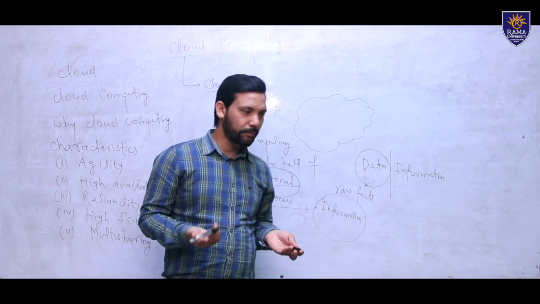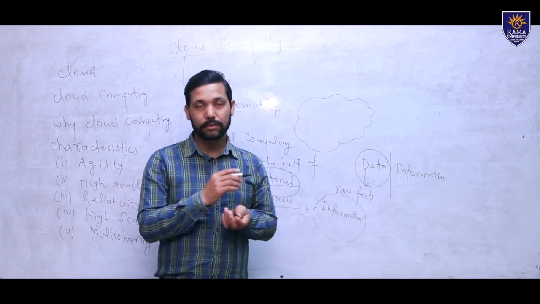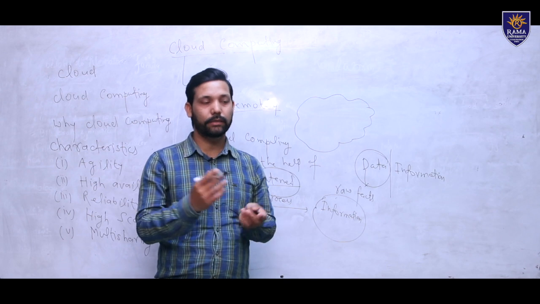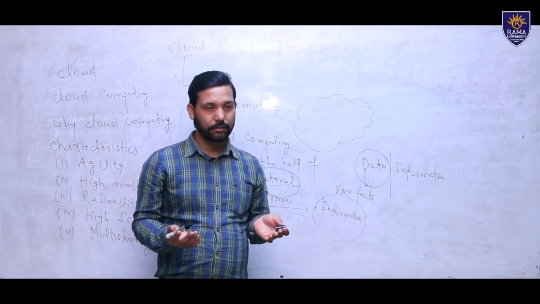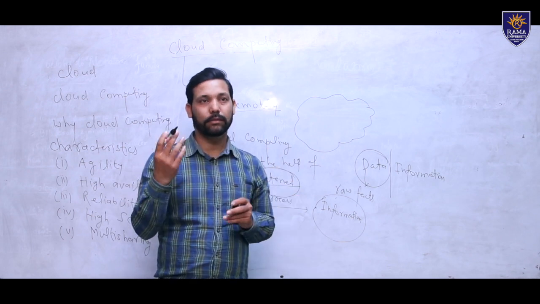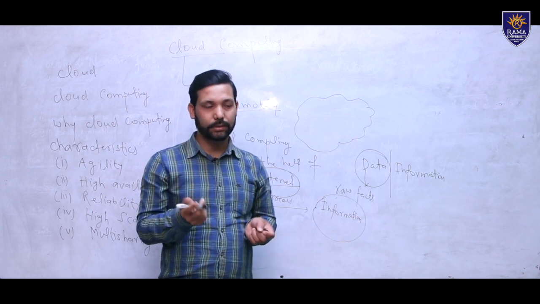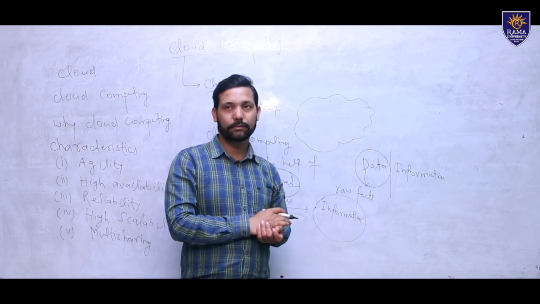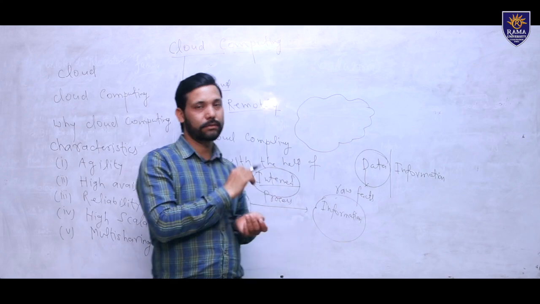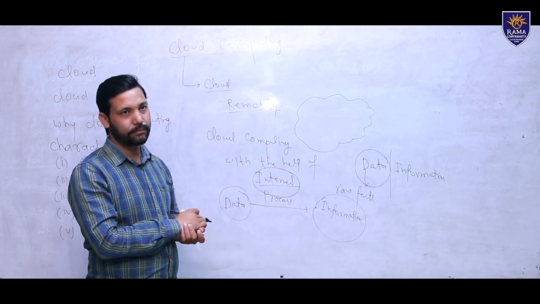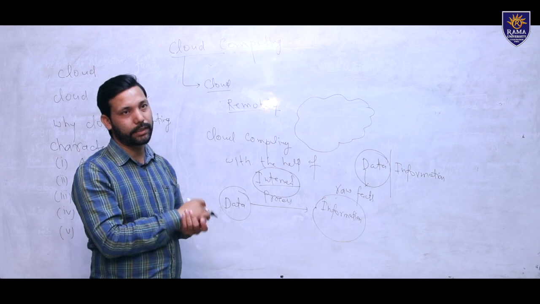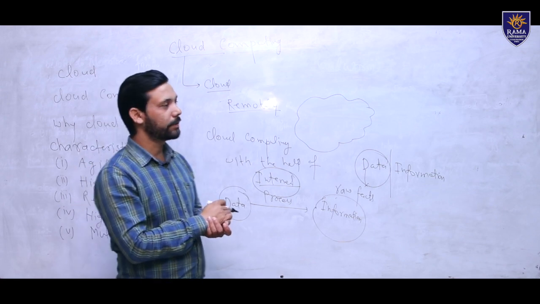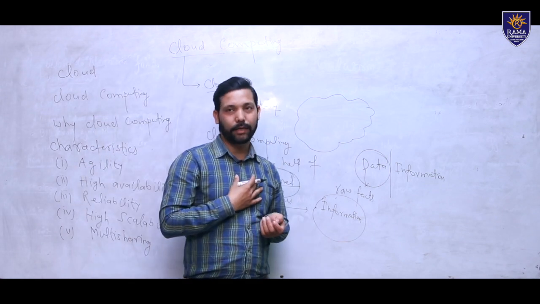We can also take some examples like MNCs that have branches distributed among different countries, USA, Canada, India. Then how do they manage the accessing of the data? It is not possible to physically travel everywhere.